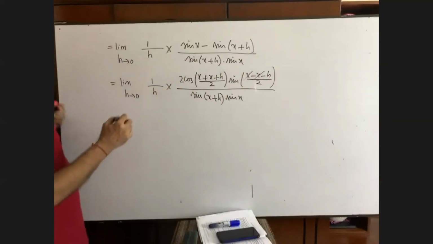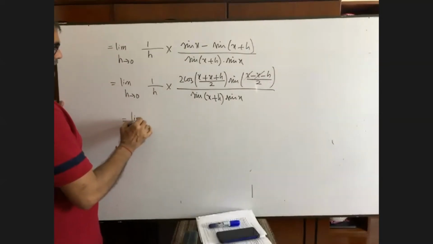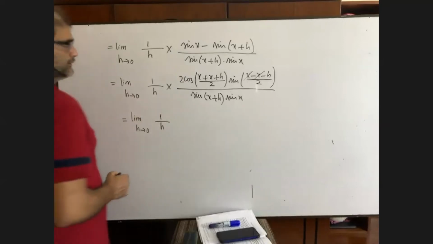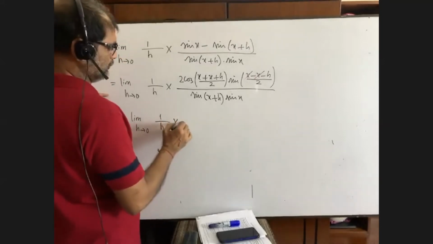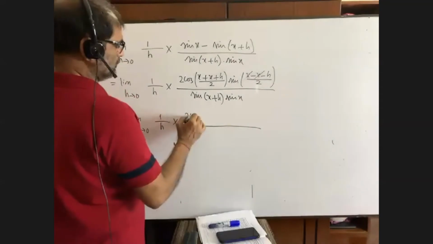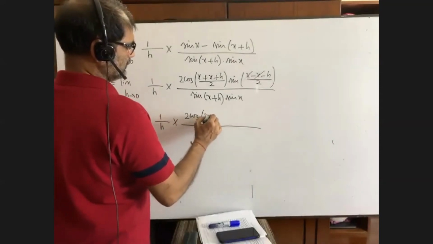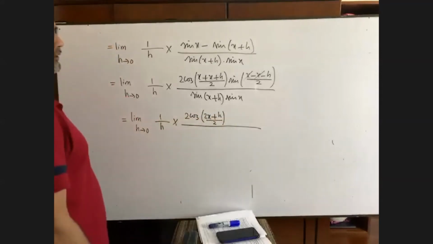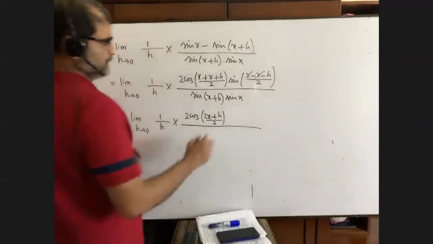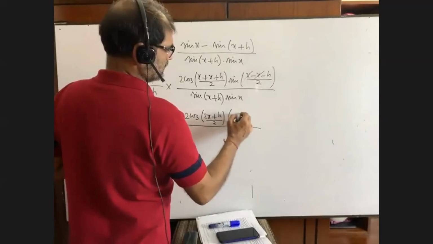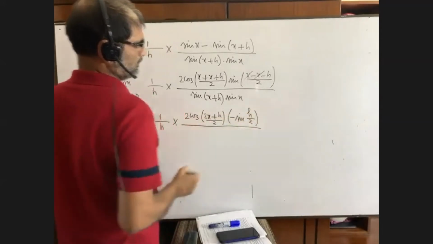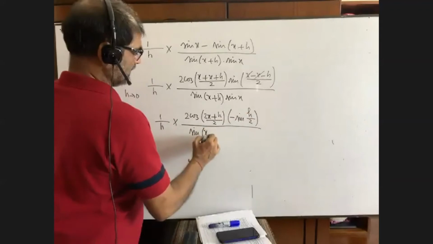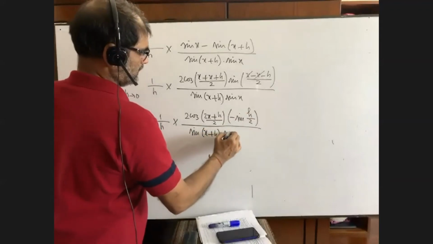So we can write here the limit as h tends to 0 of 1 by h into 2 cosine((2x+h)/2) into minus sine(h/2) by sine(x+h) into sine x.